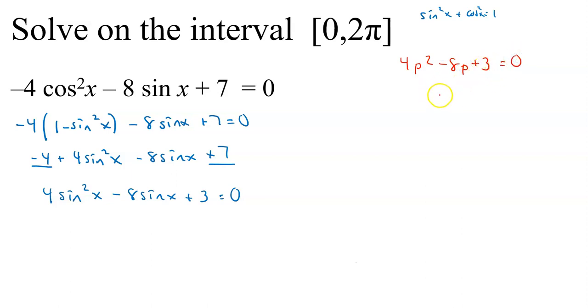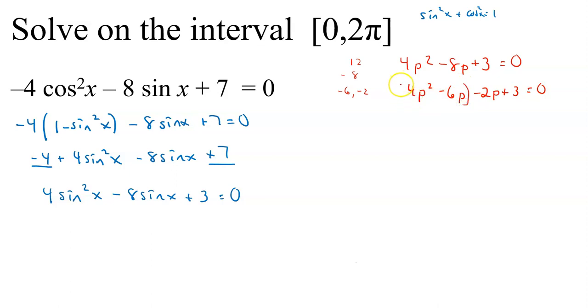And you could even do an AC method, factor by grouping type thing, where you say, I'm looking for two numbers that multiply to be 12 and add up to be negative 8. So factors of 12 that add up to negative 8, I'm going to go with negative 6 and negative 2. So I'm going to replace that negative 8p with the negative 6p minus 2p.